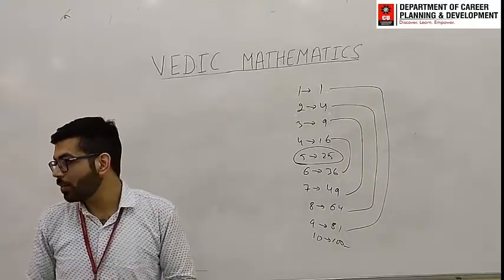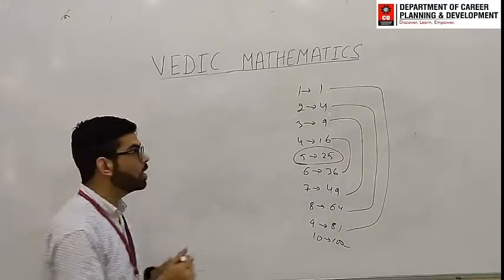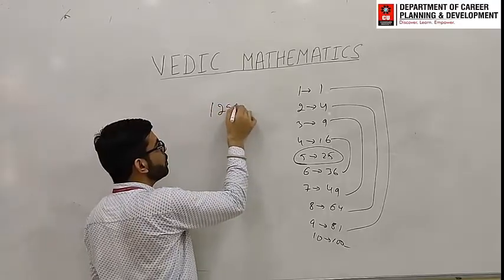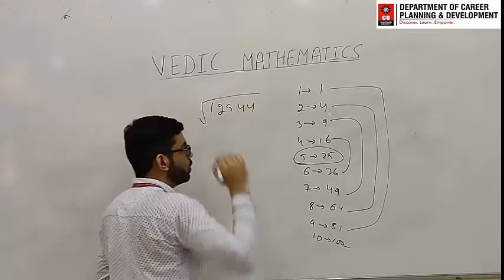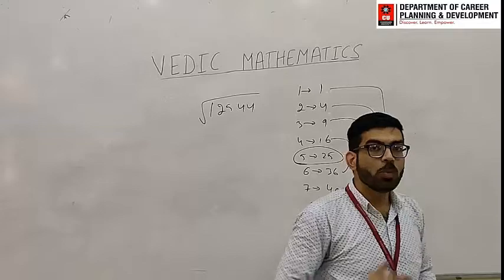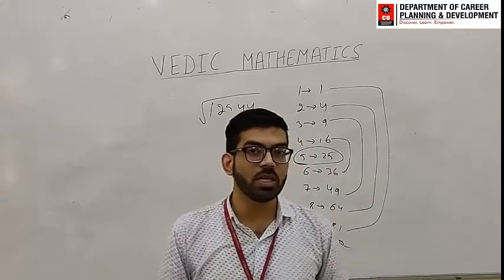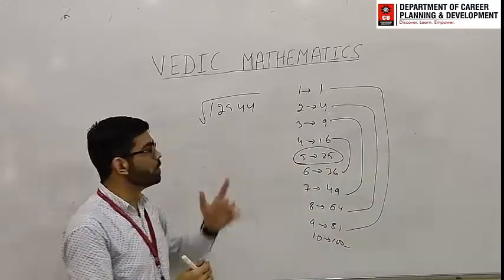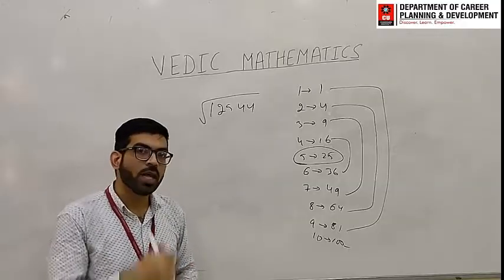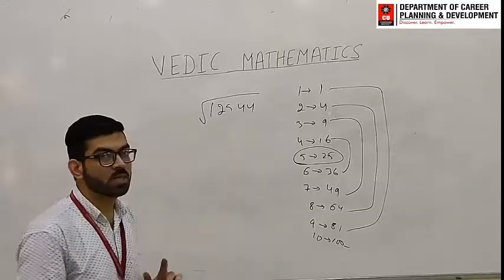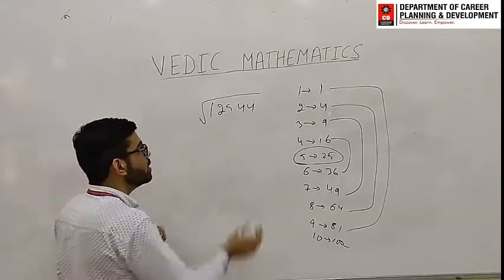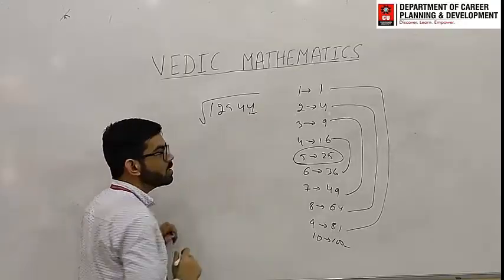Just see another example. You have to find the square root of 12544. To apply this trick, there must be a condition: this number should be a perfect square. Then only we can find the square root of this number. Just see the method. We see the last digit. The last digit is 4.